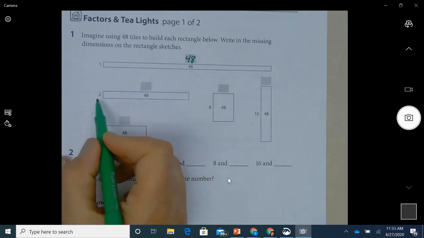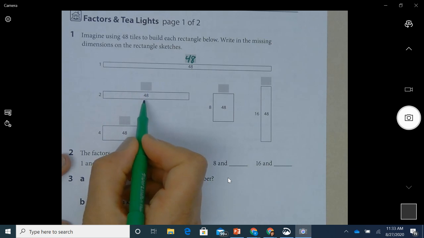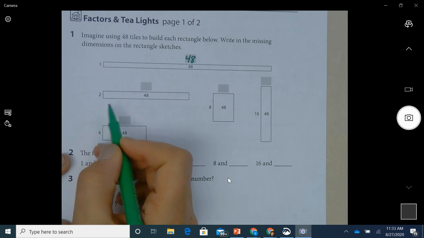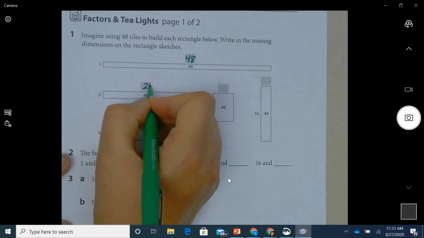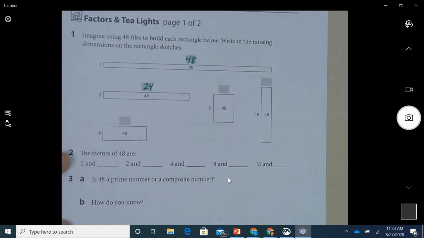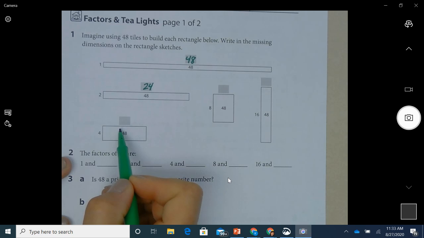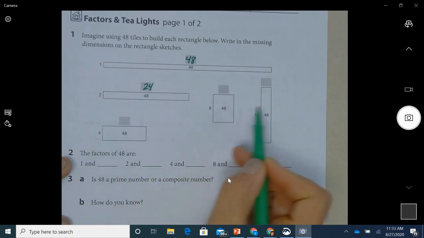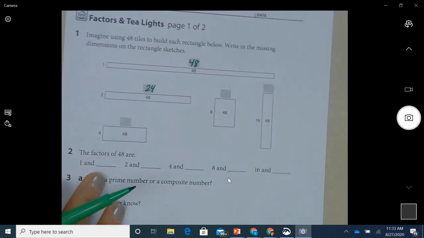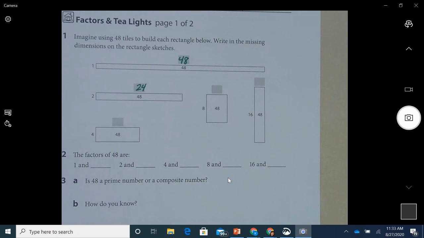And then I'm looking at 2 times what is 48, and I know that is going to be 24. If I divide 48 into 2 pieces, it's going to be 24. Go ahead and fill out 4 times what, 8 times what, and 16 times what. Go ahead and put those 3 numbers down for the answer to your question.